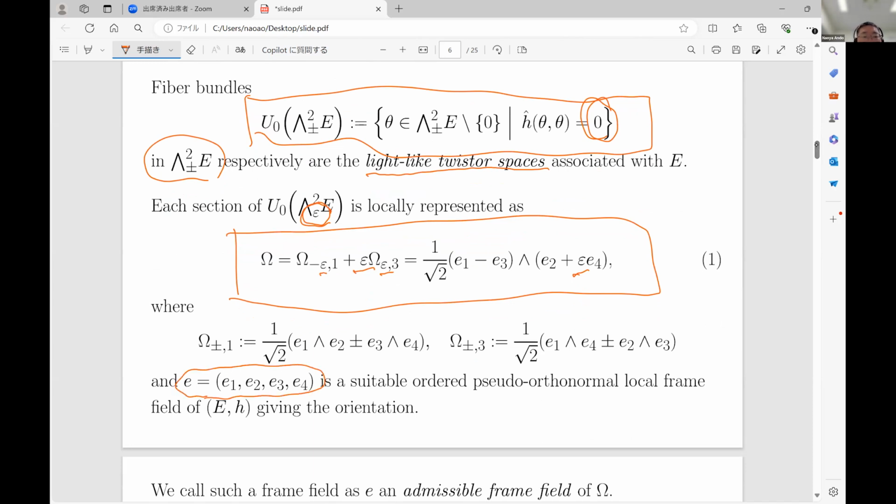This small e is a suitable ordered pseudo-orthonormal local frame field of the neutral vector bundle, giving the orientation of the bundle.